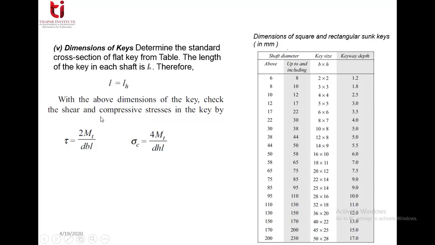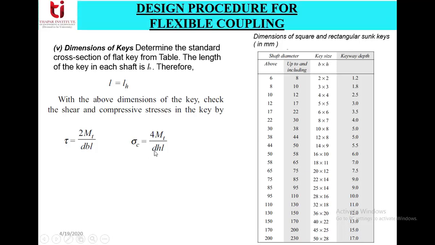Now we get these dimensions of the key from these equations, from the shear strength criteria as well as the compressive strength criteria, right? So by this, we can see that for the design process of a flexible coupling, we need to design the flanges.